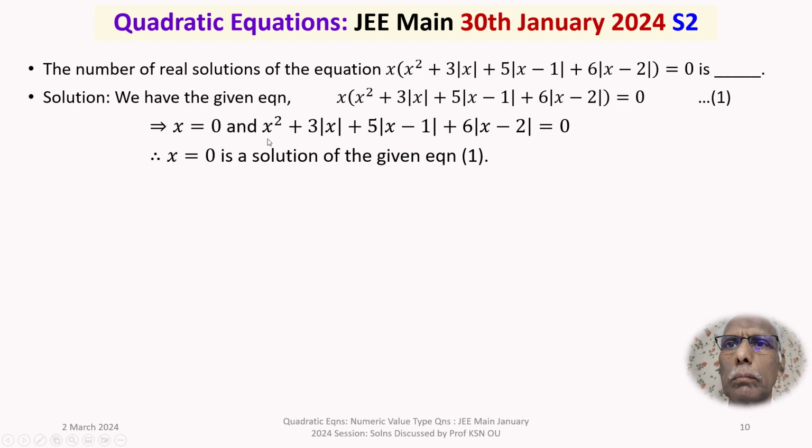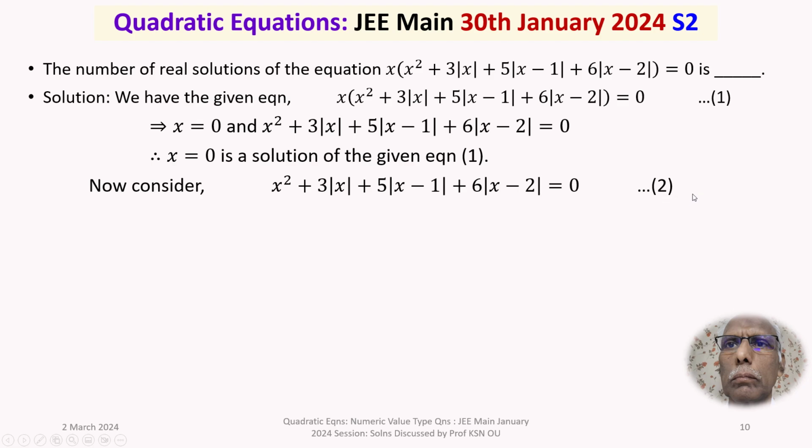Now, you take any value x belongs to R. For any x belongs to R, the left hand side of this equation is always positive. This will give you a positive number equal to 0, which is not possible. So that means no real value will satisfy this equation. So now consider the second factor equal to 0.